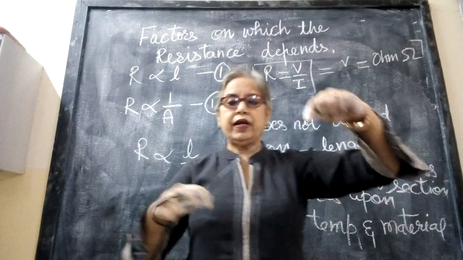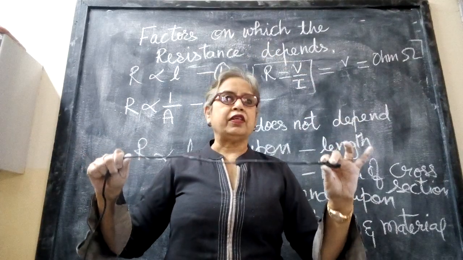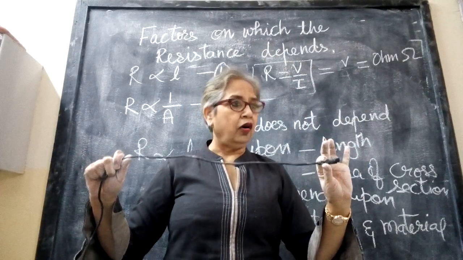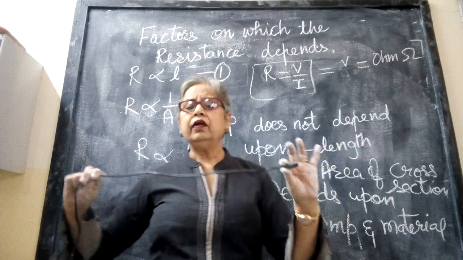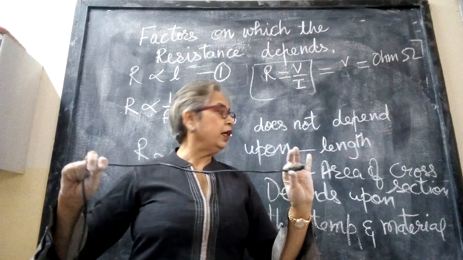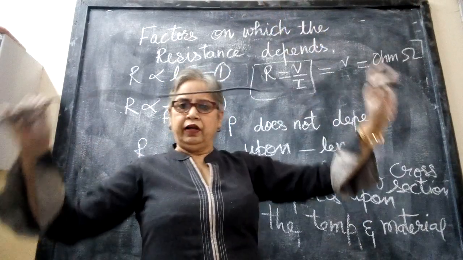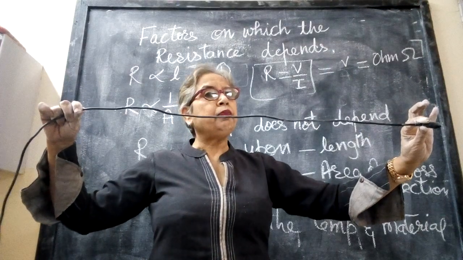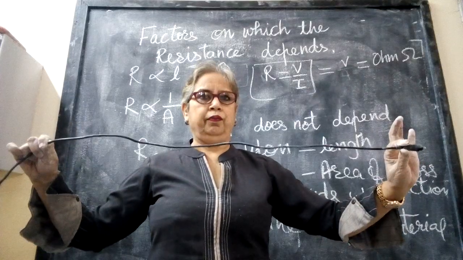If I say that this is a wire of resistivity rho. Okay. Now I say that I have increased the length of this wire, doubled. Now what will happen to its resistivity? It will again remain same rho.